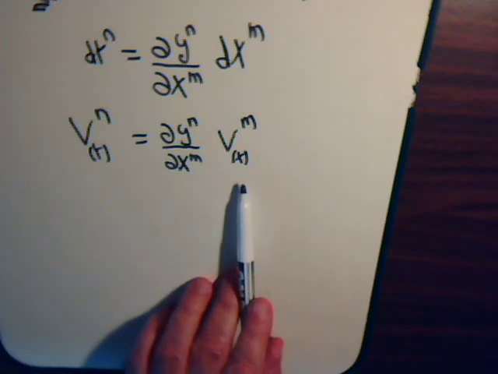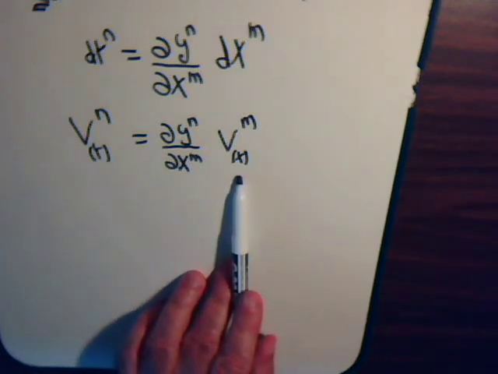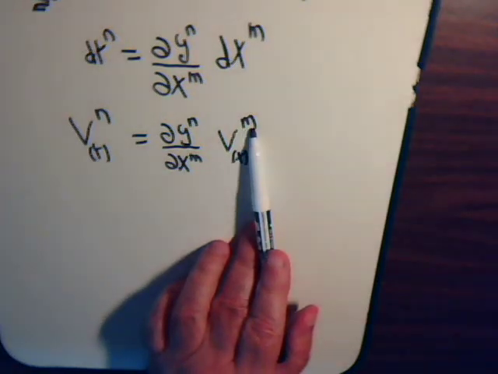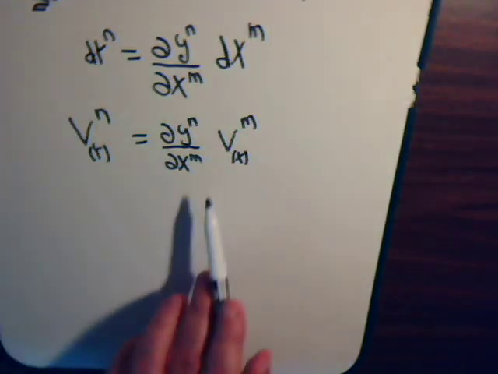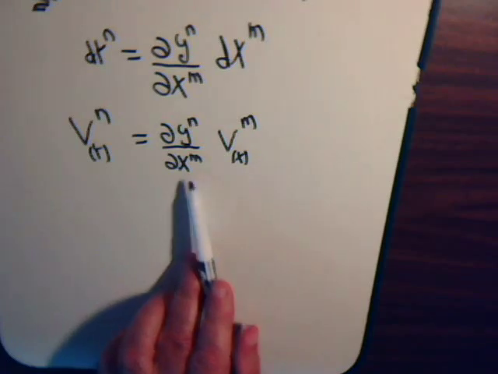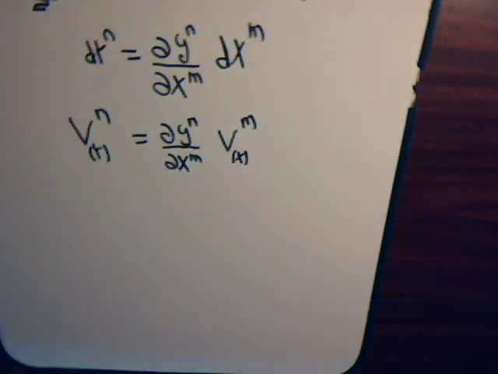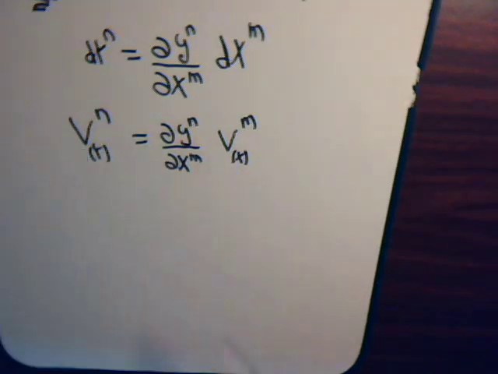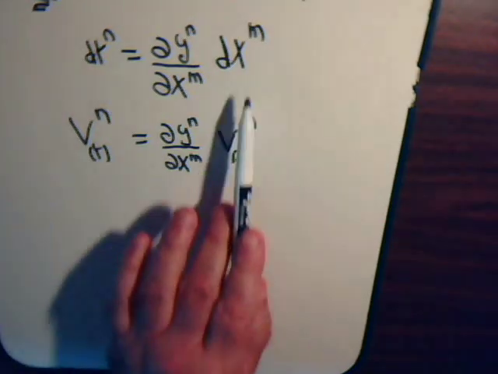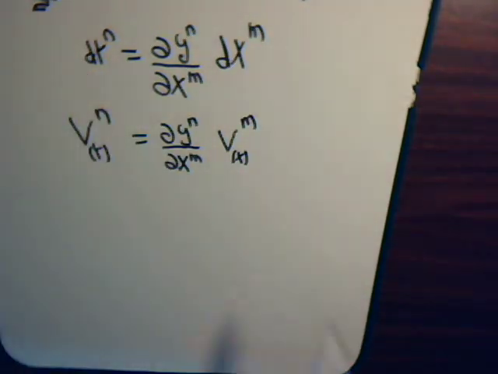This means that we have a vector that's expressed in the x-coordinate system, and this is a particular component of that vector. If I can find the corresponding component of that vector in the y-frame by taking these types of derivatives, just like we did for the displacement vector, then we say that this vector is a contravariant vector. Its components transform into the y-frame completely analogously to how a displacement vector transforms from the x-frame into the y-frame.